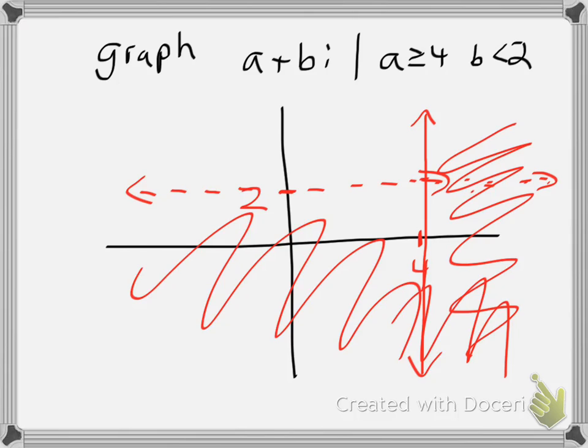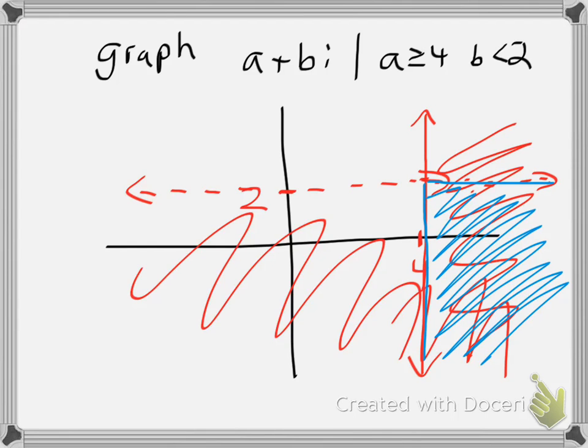And that's going to be this section over here. Actually, I'm just going to highlight it this way. That's going to be this section, everything to the right of 4, everything less than 2. So this would be the actual solution if I were to graph these, and these are referred to as inequalities.